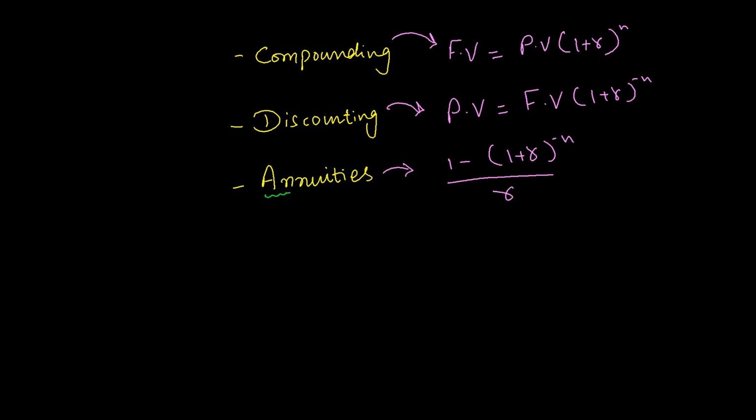In the case of annuities, we expect to receive the same amount of cash flows for some specific number of years.